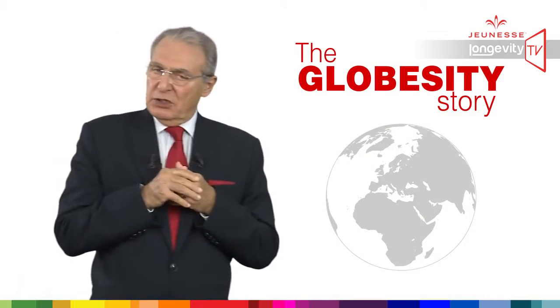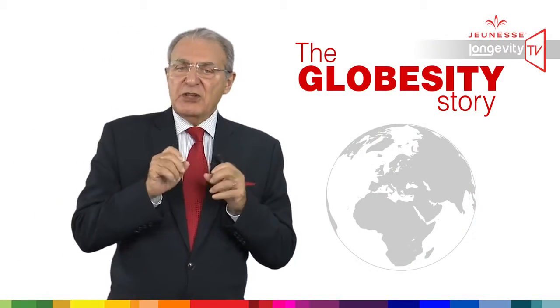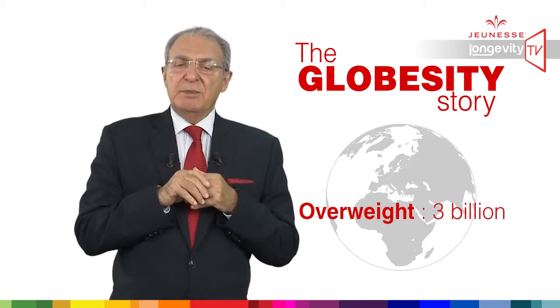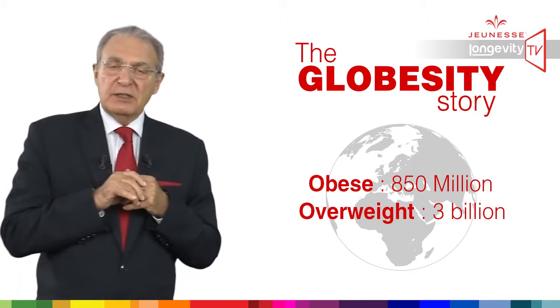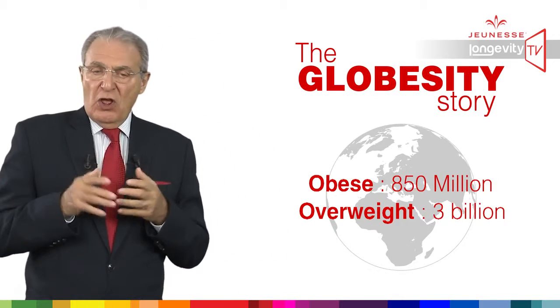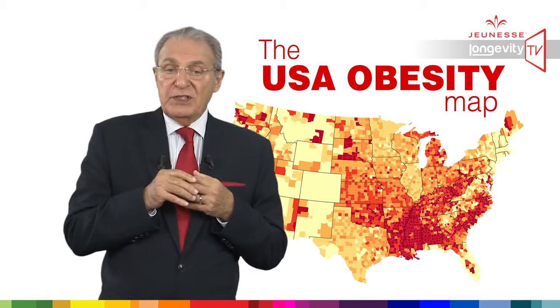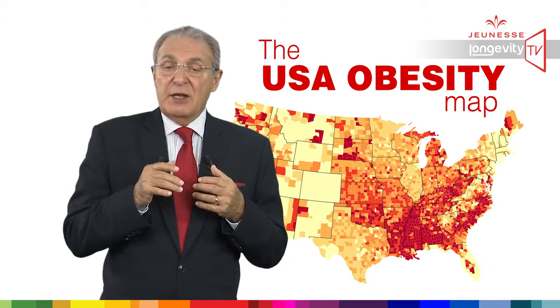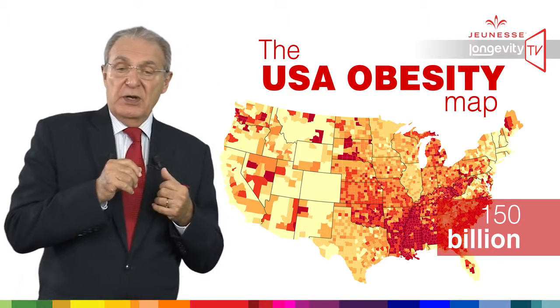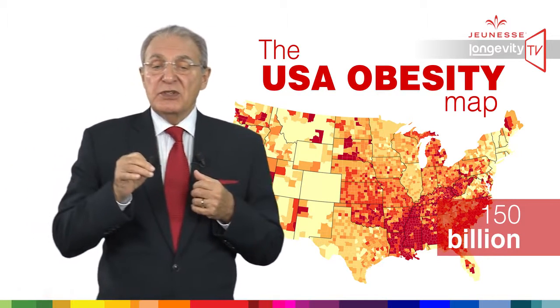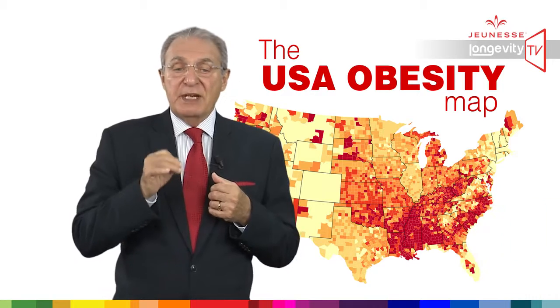Think about today: there are in the world about 3 billion people overweight and 800 million really obese. The cost of obesity in the United States is about $150 billion per year, which is 10% of the total US medical cost.